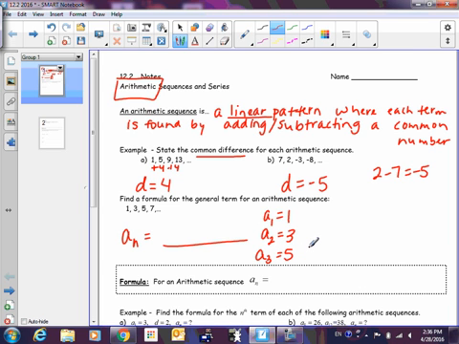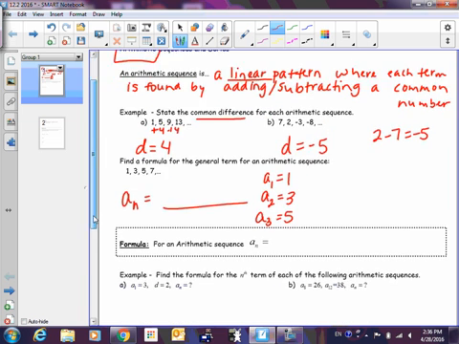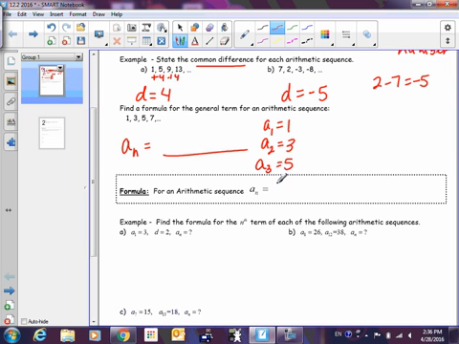Now you could sit here and think about this for a while and probably come up with it. These are not so difficult to guess and check your way through, but we do have a formula. And here's the formula. It's the first term, a sub 1, plus the common difference times n minus 1. And sometimes you see this d on the other side, but it doesn't matter. You're just multiplying d times n minus 1.